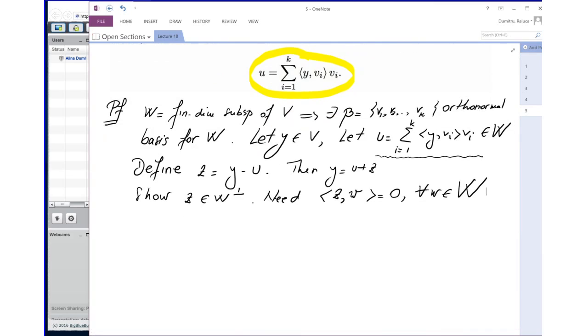Okay, I'm going to take this step by step and show first that the inner product between Z and any vector in the basis of W, so any VI, will be 0. Let's see this first.